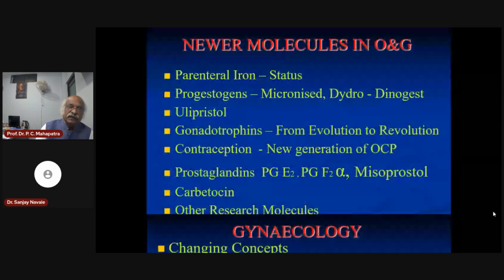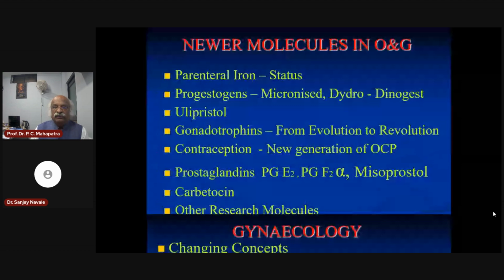Gonadotropins. The people practicing fertility or the general gynecologists write gonadotropins for ovulation induction. It is from evolution to revolution. It has gone through many stages, from the conventional HMG to FSH, pure FSH, then purified FSH, the urinary FSH, to the recombinant FSH.